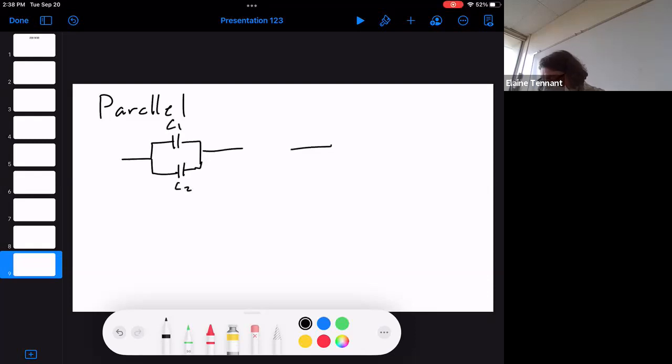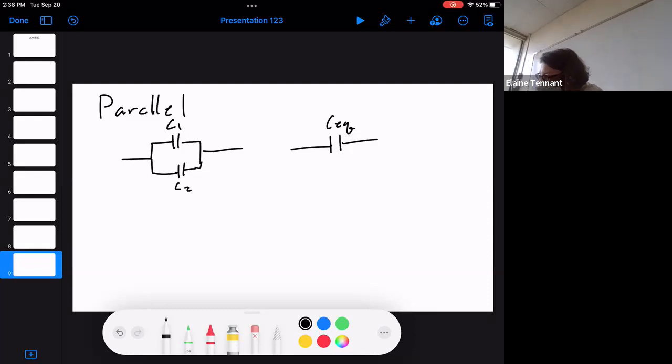I want to say, okay, what if I just had one capacitor with the equivalent amount of capacitance as these two capacitors in parallel? That would make my life easier if I knew that. And so what we need to find is an equation that connects C equivalent to C1 and C2.